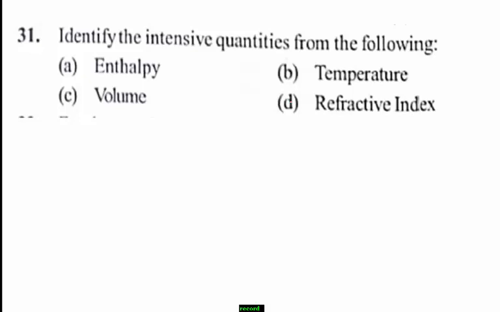Refractive index is defined as the ratio of velocity of light in vacuum to its velocity in a specified medium. Mathematically, it is indicated as C by V, where C is the velocity of light in vacuum, and V is the velocity of light in the specified medium.